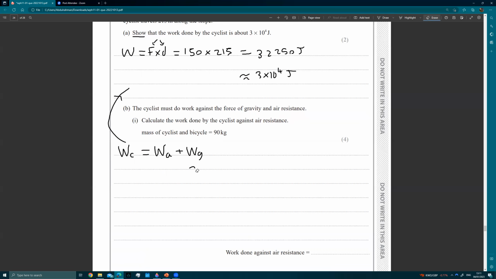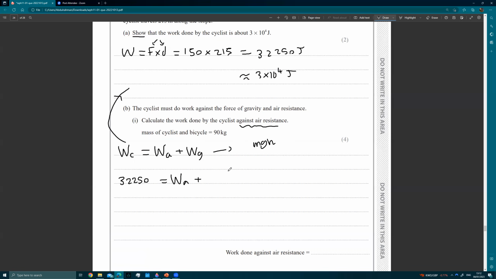So we know what the work done by the cyclist is. That's the work done in the previous question, which is 3 times 10 to the 4. Oh, sorry, I can't use the show that answer. Let's just say 32250, and that's equal to the work done against air resistance, which is what we're trying to work out, W_A, plus the work done against gravity, which is the energy transferred to gravitational potential energy, which is just mgh.